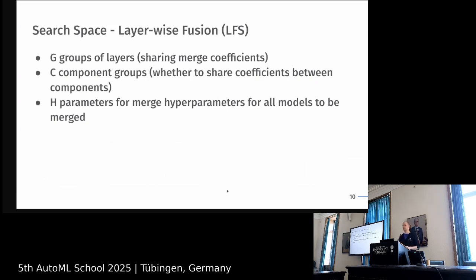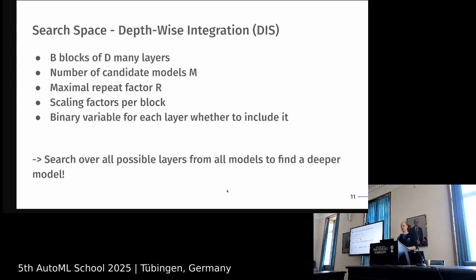So we have these component groups. All in all, we collect a search space, and similarly for the depth-wise version. If you think about this as Lego, you can imagine the search space pretty much immediately. You just have all these possible combinations, and then you can search over that. Although actually this depth search is a larger search space.